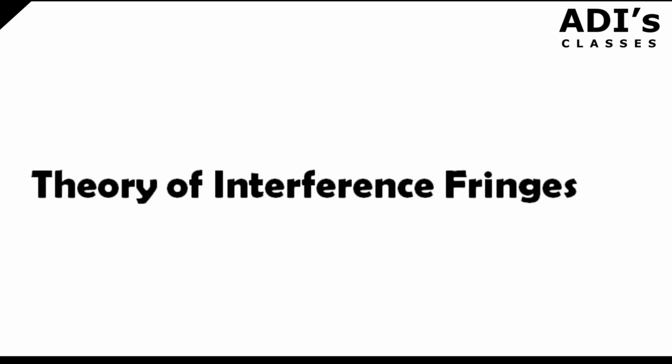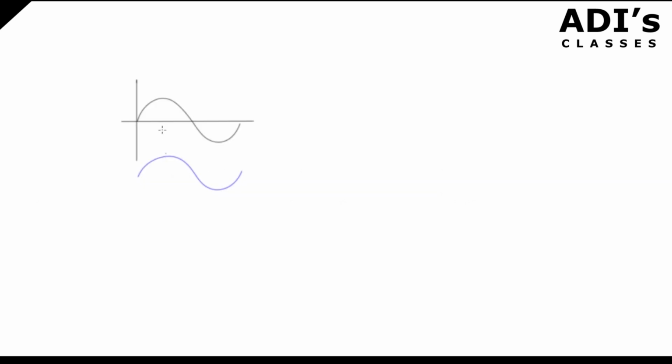Now for maximum and minimum, in other words, the constructive interference and destructive interference. For constructive interference, let me show you how the wave pattern should look. We'll take the sinusoidal wave because we are considering everything to be sinusoidal in nature.